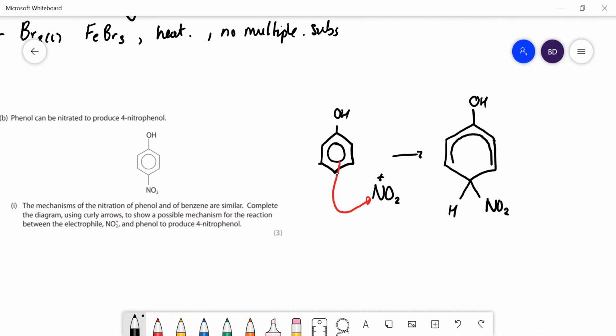And of course, this has got to have a positive charge somewhere because the phenol is neutral, the NO2 is positive, so that thing has got to have a positive charge. And the positive charge is shared over the delocalized system, which makes it more stable. And in the final step of the mechanism, that pair of electrons from the bond there goes back into the benzene ring to reform the delocalized system, and you're going to get the product.